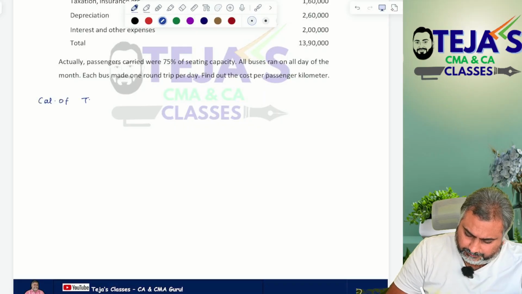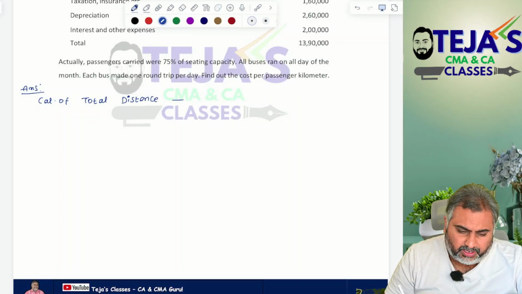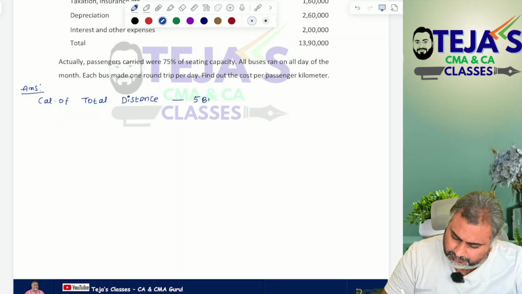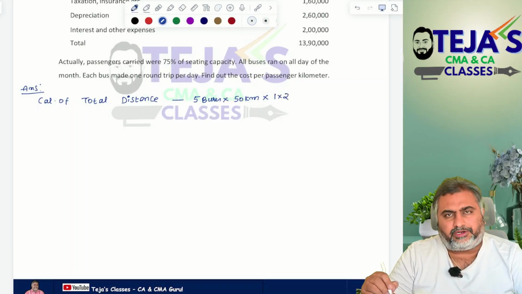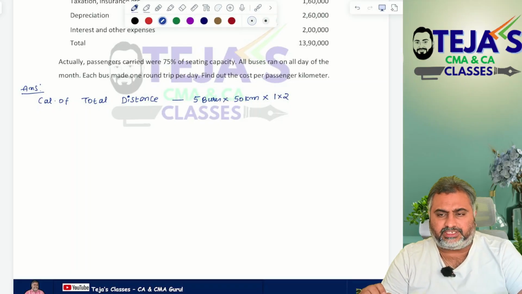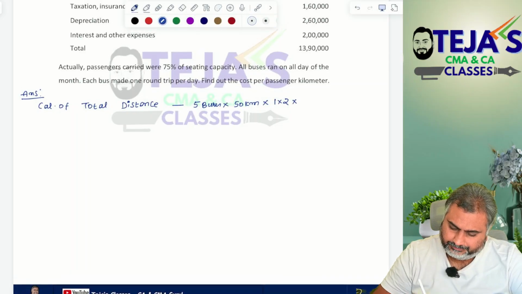Calculation of total distance. How many buses are there? 5 buses. What is the distance? 50 kilometers. And they are doing one round trip, that's the reason for multiplying by 2, outward journey and inward journey.